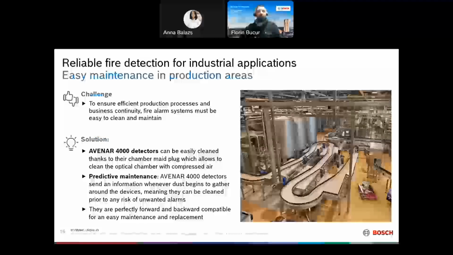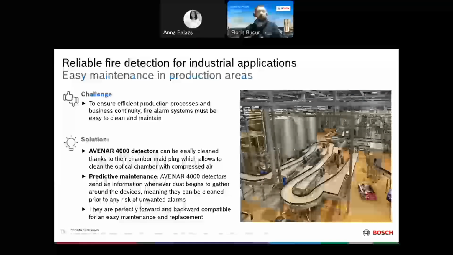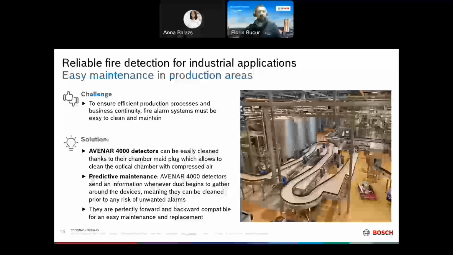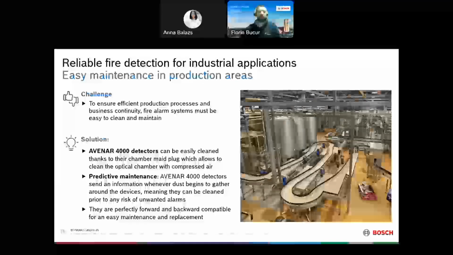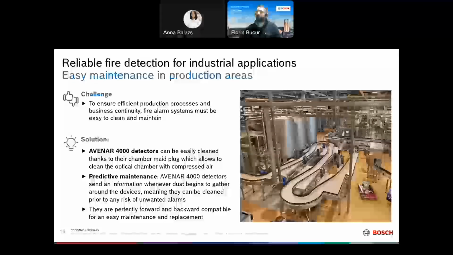Second, I would like to talk a little bit about our predictive maintenance. All of our detectors can send information about the analog data they collect to the cloud system for monitoring.